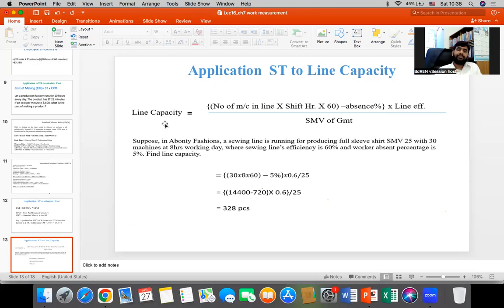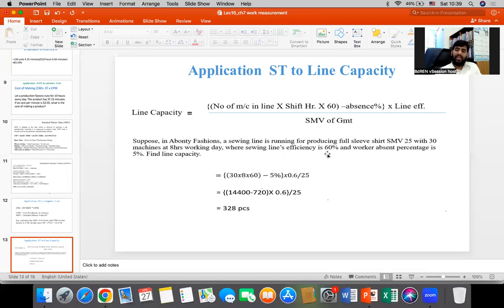Suppose a garments factory, Avanti Fashions, has a sewing line producing a full sleeve shirt, and the full assembly is 25 minutes, with 30 machines at 8 hours. So the number of machines is 30, and the shift is 8 hours. The sewing line's efficiency is 60%.